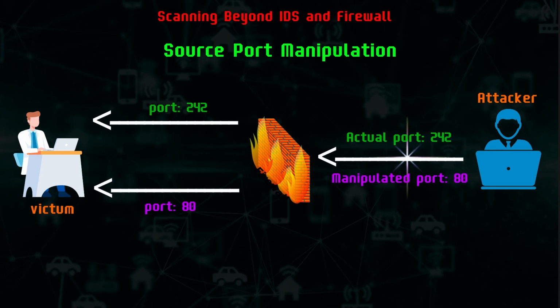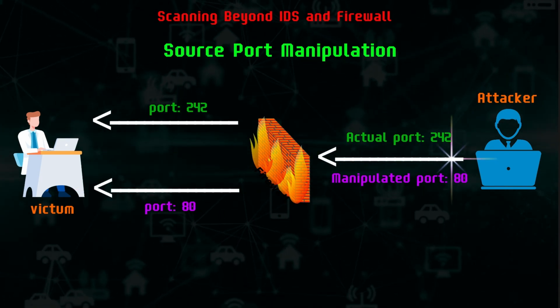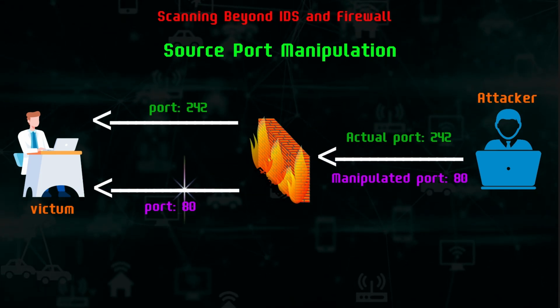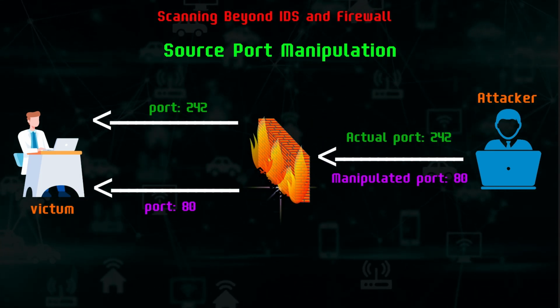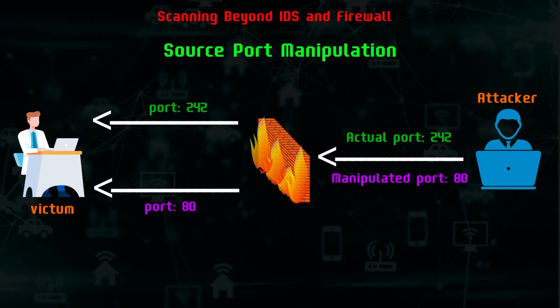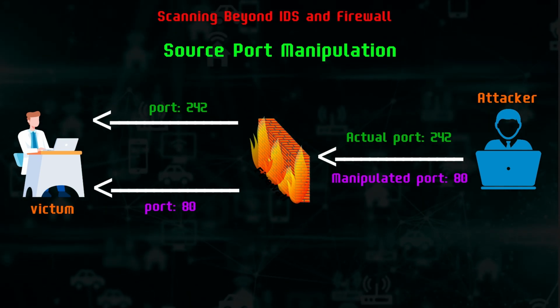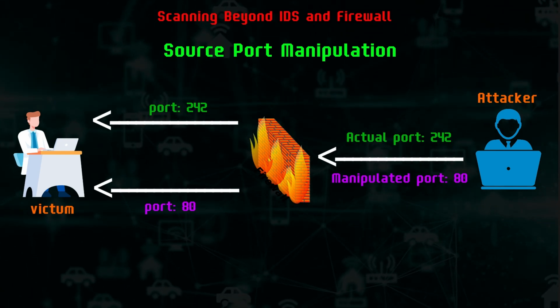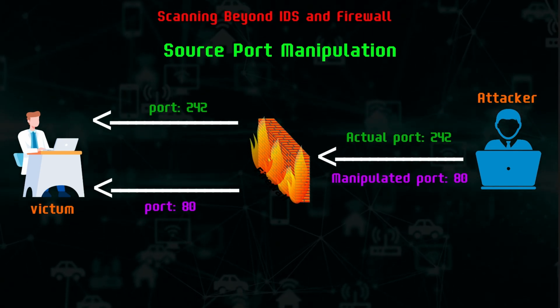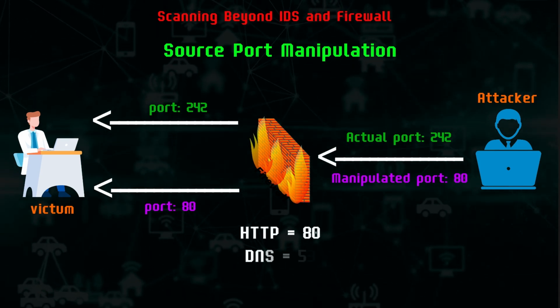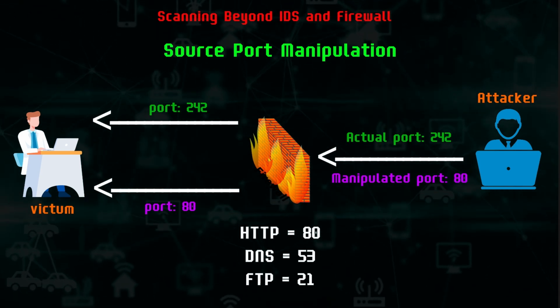This is basically masquerading the port that is blocked in the configuration rules of the intrusion detection system or firewall by a port that is allowed by the framework. That is why it is advised not to trust the source port numbers blindly, to avoid security misconfiguration. Usually, the commonly used ports such as HTTP, DNS, or FTP are allowed for incoming traffic.